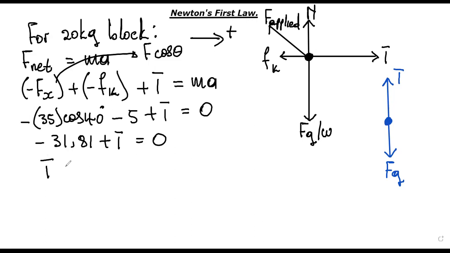So this means the tension force will just be 31.81 newtons. Right. So now that we know the tension force, then we can safely go to the combination of blocks P and Q. So let's go.